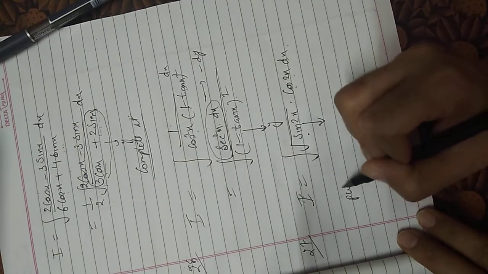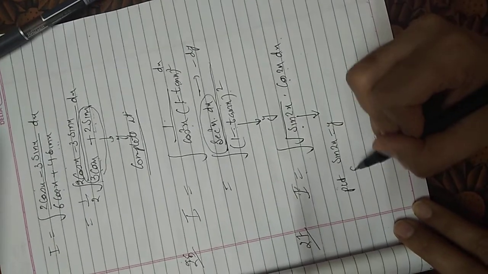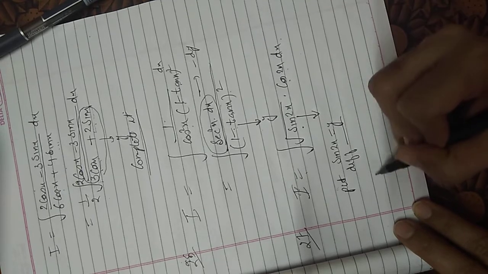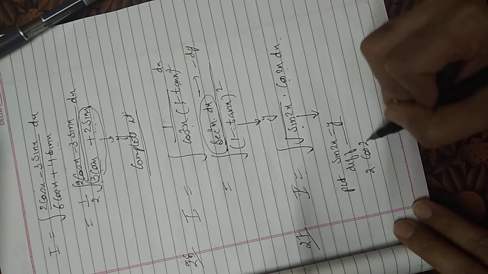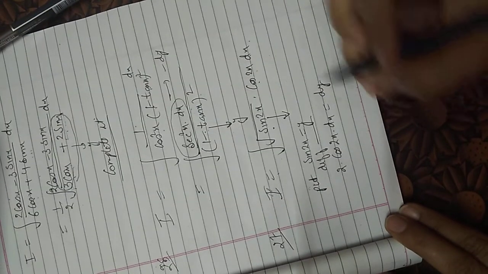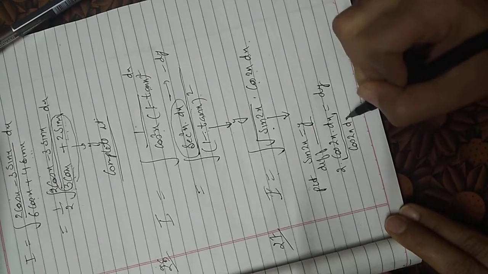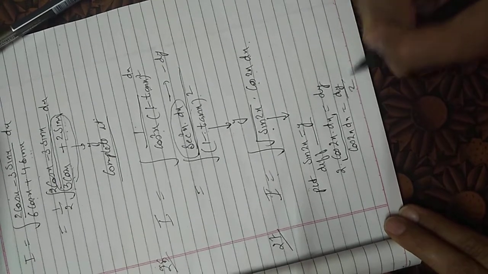We put sin 2x as y, and when we differentiate both sides, we get 2 cos 2x dx equals dy, right? That means the value of cos 2x dx will be dy by 2.